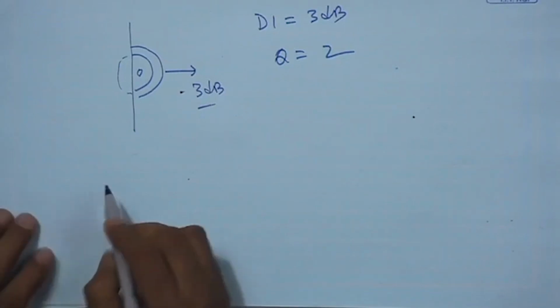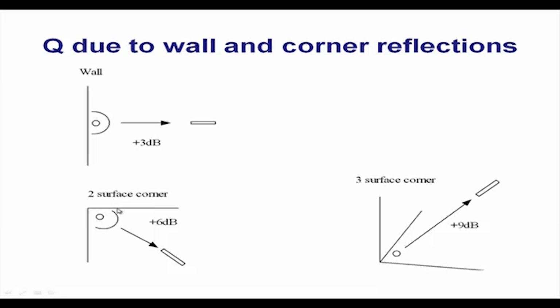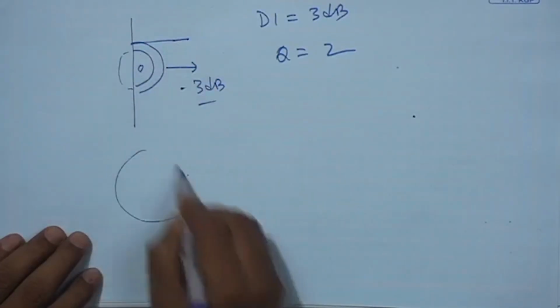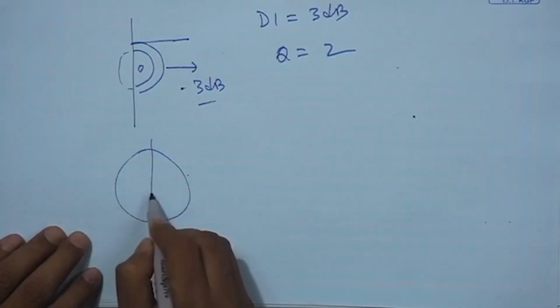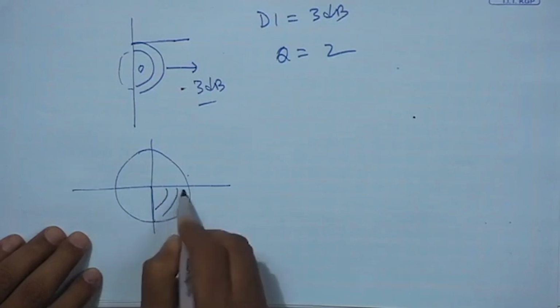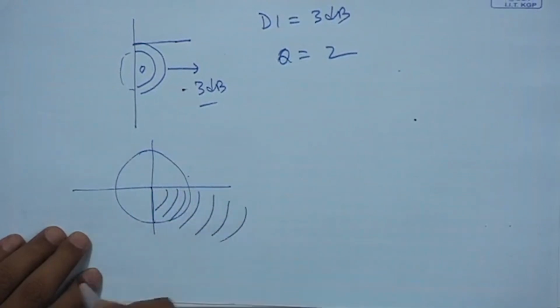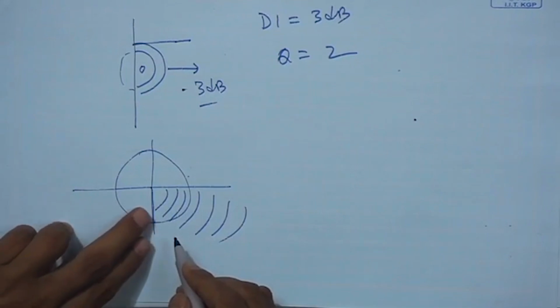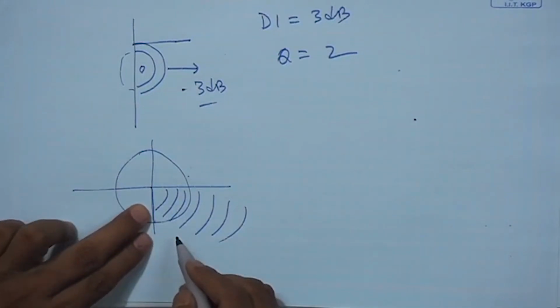Now, if I put the loudspeaker in this corner, which has 2 surfaces, then what will happen? Once I put a surface here, the sphere is cut down by this portion. So, it is again increased by 3 dB.